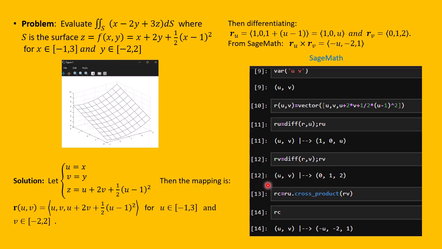I'll store that cross product in another variable which I'll call RC. And then in the next command in SageMath, we'll just see what RC is. And it turns out to be minus u, minus 2, and 1, which is what we have up here.